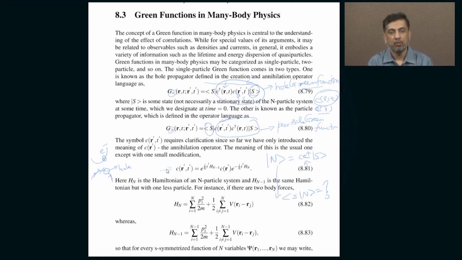If you have a closed system, somebody coming and picking out a particle and throwing it away and asking what the dynamics will look like from then onwards, you would not have studied that problem, although you have to admit that that is an interesting question to study.